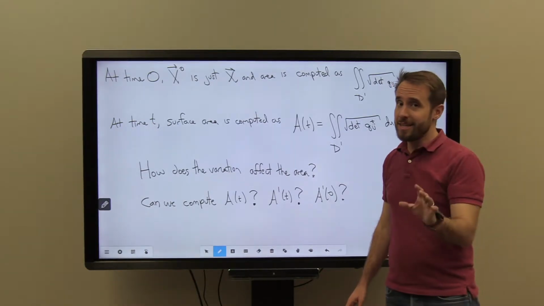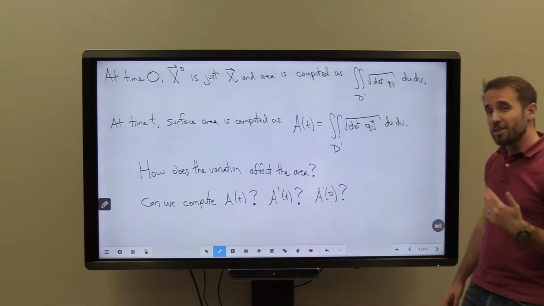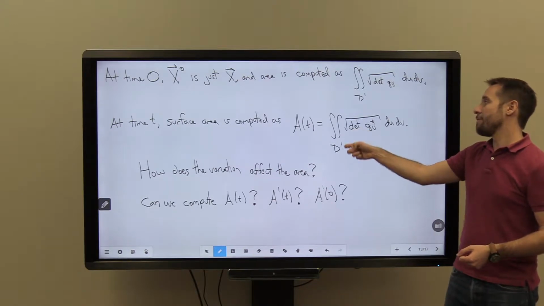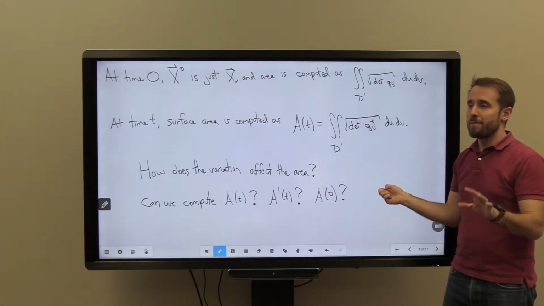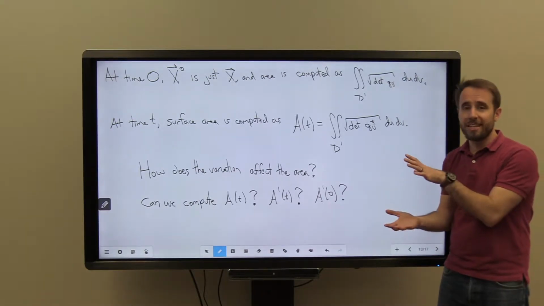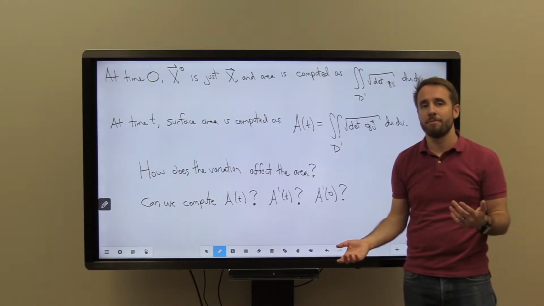At time t, we can compute the surface area of the surface just like we did at time 0. We take a double integral over d prime, and we take the square root of the determinant of the first fundamental form. But this is the first fundamental form of this new, slightly varied surface. It will be different and it will be time dependent.